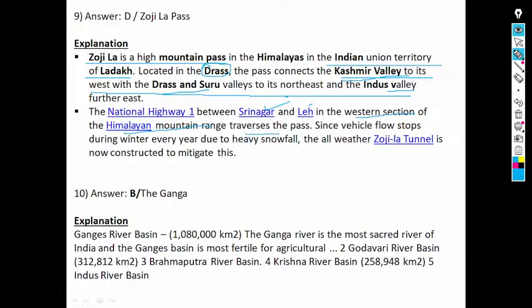National Highway 1 connects Srinagar to Leh.